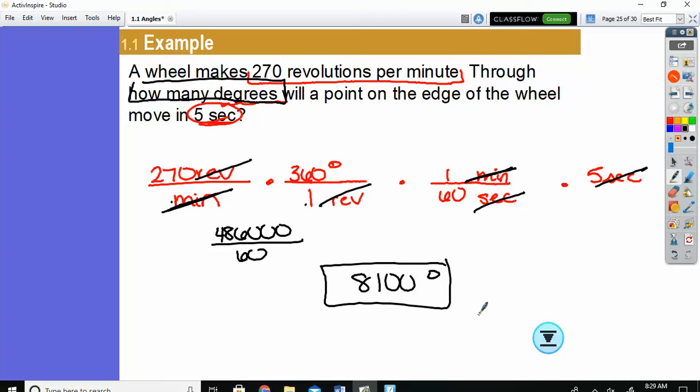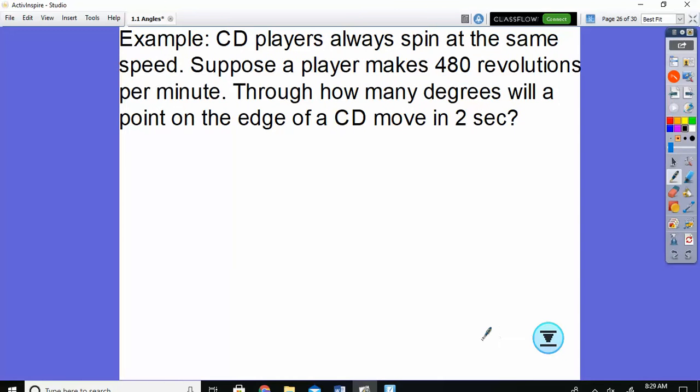And then we were spinning for a total of 5 seconds, so then multiply by 5. And you get the 8,100. I prefer to write everything out because I like to see the units canceling and it makes more sense in my head, but. I was hoping I was one of them people that would be able to do it the easy way. But I'm not. Well, join the club. I think most of us are here.